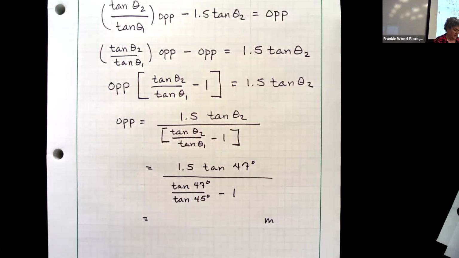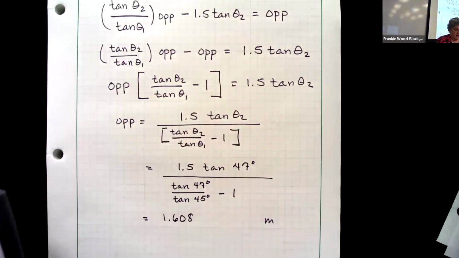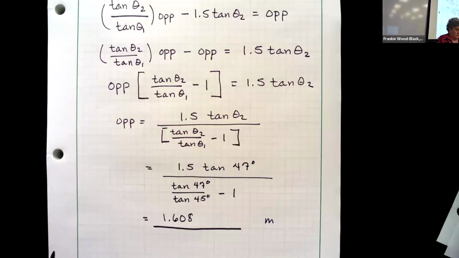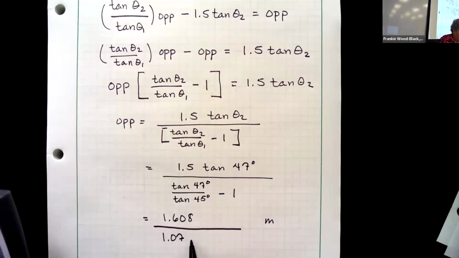So now I'm going to turn on my calculator and do it. So 1.5 times the tangent of 47 gives me 1.608. I'm going to carry some extra significant figures. Tangent of 47 divided by the tangent of 45 gives me 1.072 minus 1.